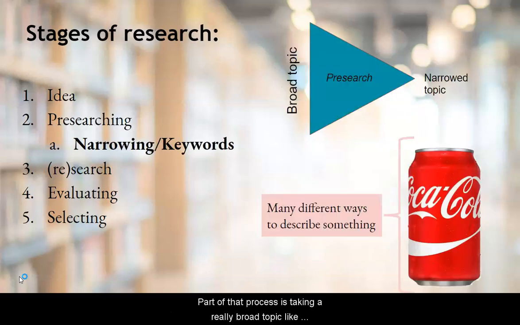Part of that process is taking a really broad topic, like maybe post-traumatic stress disorder, and doing that pre-search process where we can narrow PTSD into some manageable researchable topic. For example, we can't do a 5-page lit review on all of PTSD because it's just way too big and complex of a topic.